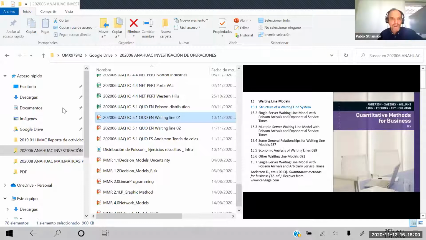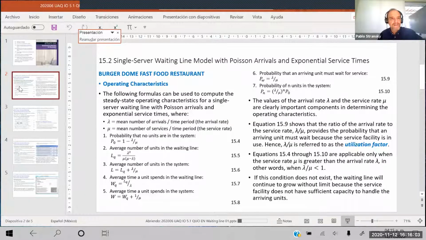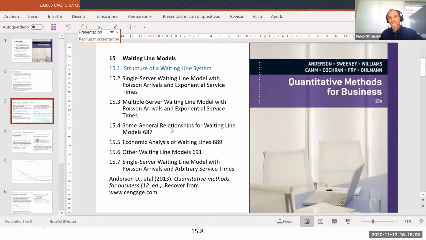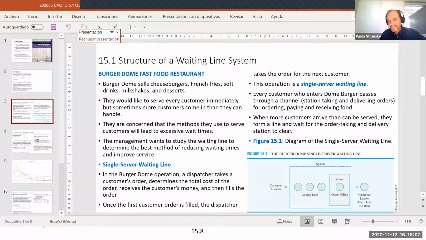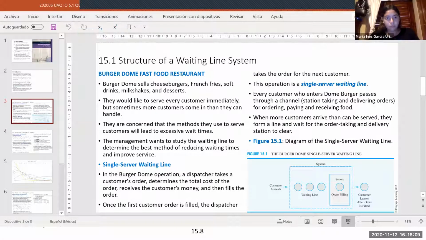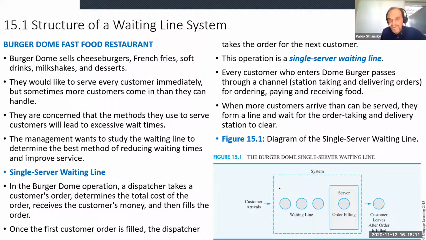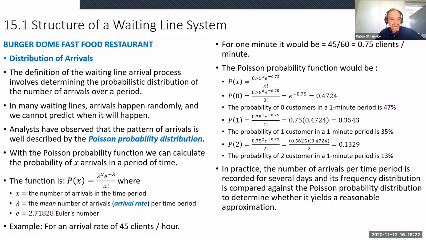So if we take back what we saw last class, this was the whole service, remember? This is the system. The system is formed by the waiting line and the process of order filling, okay? Now, let me find the lambda. Here it is.